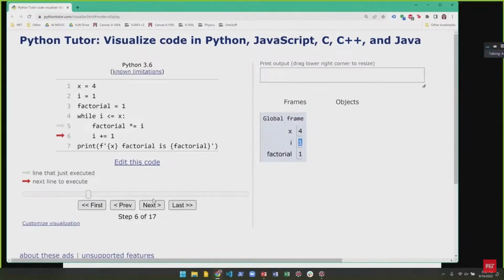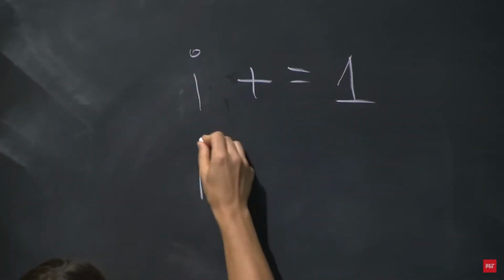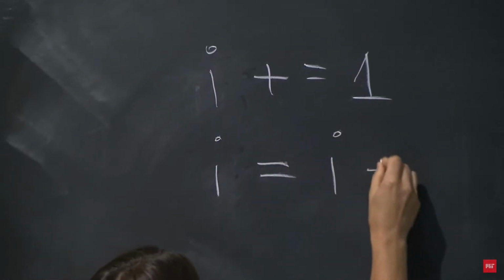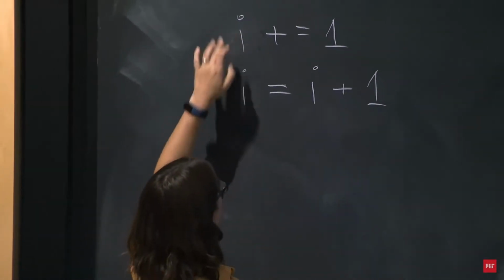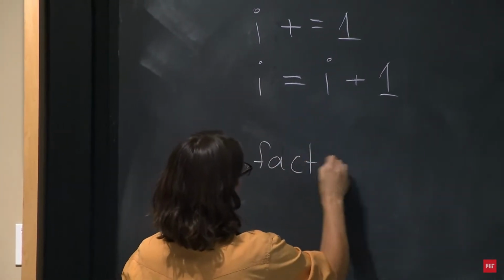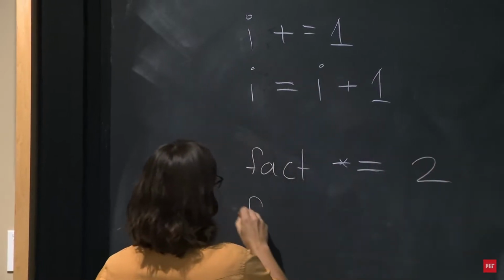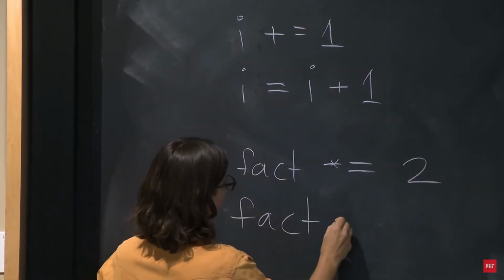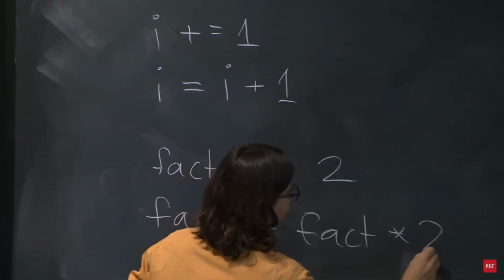So I just want to mention this i += 1 is equivalent to saying i = i + 1. And this is true no matter what variable you have here. Basically, if you have fact *= 2 or something like that, that basically means fact = fact * 2, right?